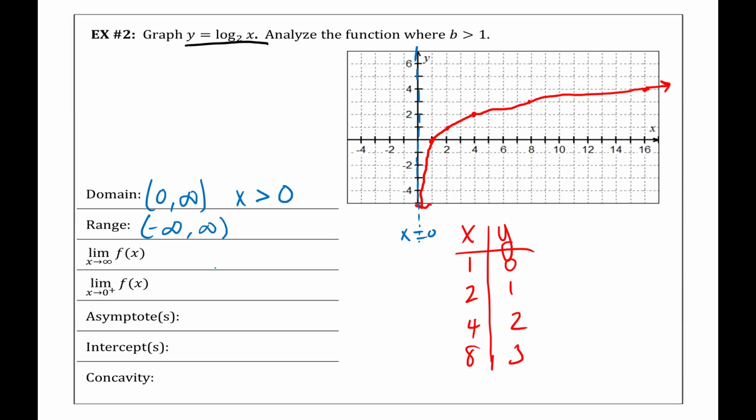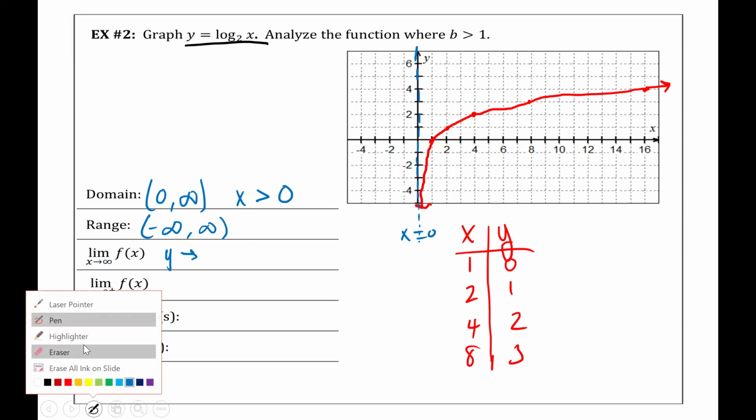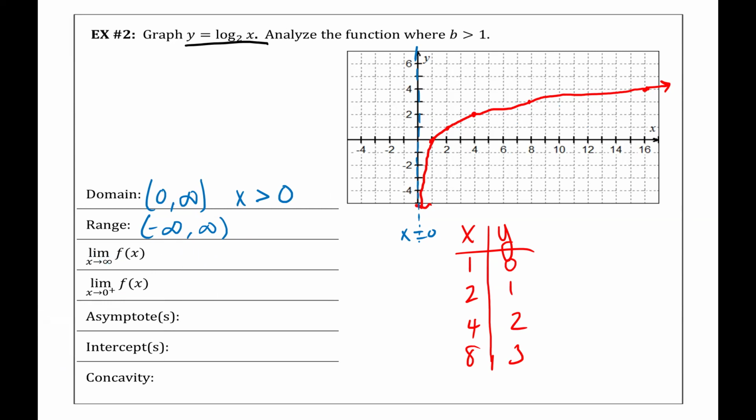Okay, we're going to talk about our end behavior, our limits. So the limit as x goes to positive infinity, what is y doing? Y is going to infinity. I didn't mean to write y because it's already written for us as f of x. F of x is going to infinity.